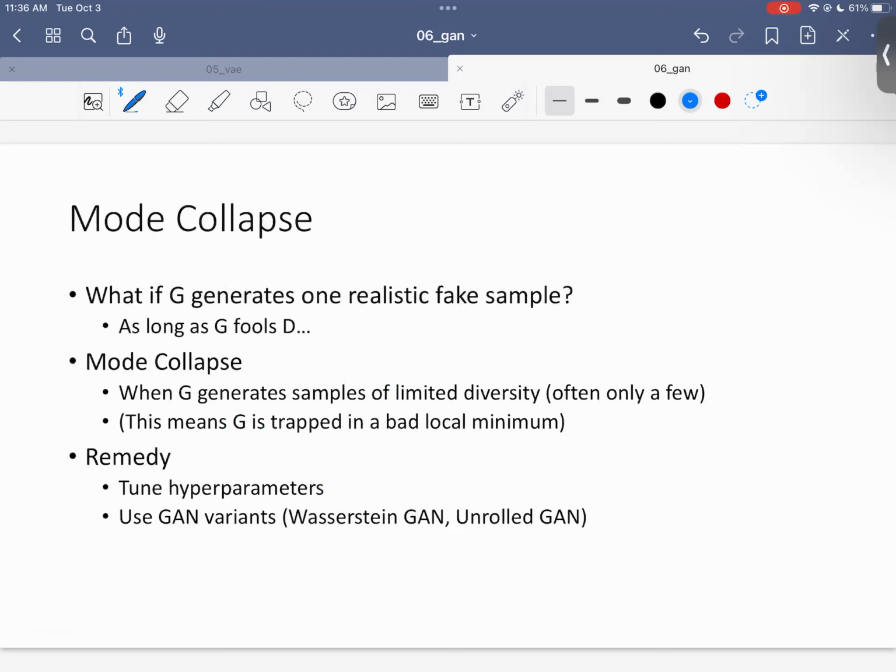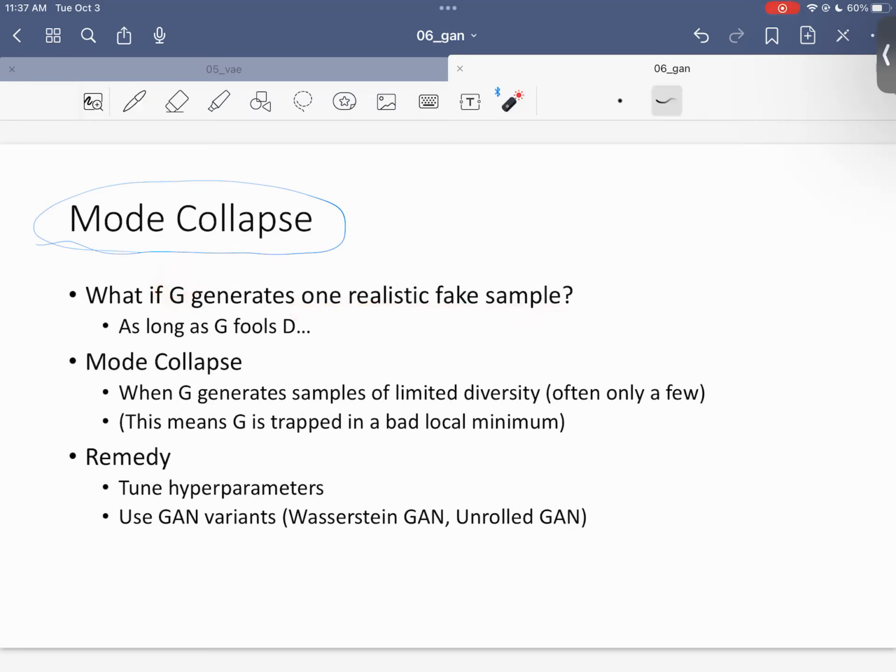One thing we need to look at closely is something called mode collapse, which still harasses GAN to this day. GAN has not completely overcome this issue even after 9 years. So what is mode collapse? It's what happens if G generates just one realistic fake sample.